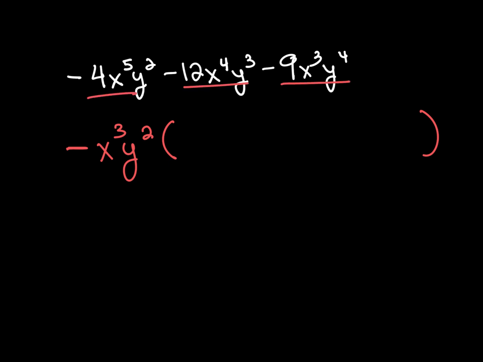And so the first one is going to become a positive 4x squared. Then it's going to be a positive 12xy, and then it's going to be a positive 9y squared. So I'm actually going to bump this over a little.